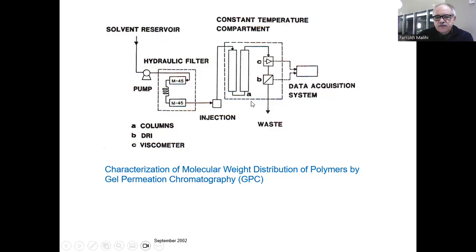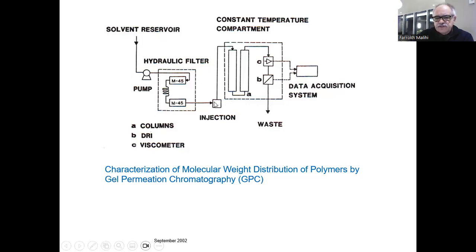To study molecular weight and molecular weight distribution, an instrument called high performance gel permeation chromatography is used, which is shown here schematically. The apparatus includes a filter, a pump system that pumps solvent through the column.